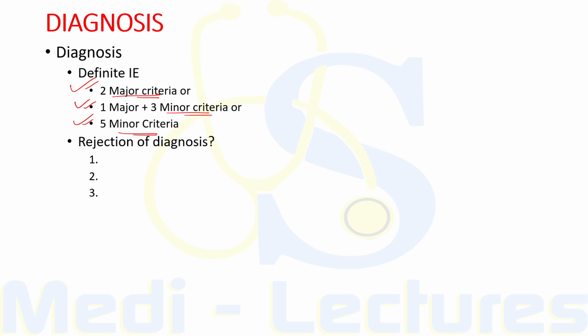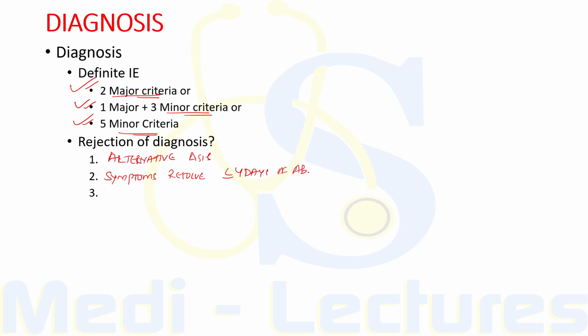Now, rejection of diagnosis can be done if an alternative diagnosis is made at any point of time. We have an alternative diagnosis, or if the symptoms resolve, there is no fever, patient has no murmur now, within 4 days of antibiotic therapy.